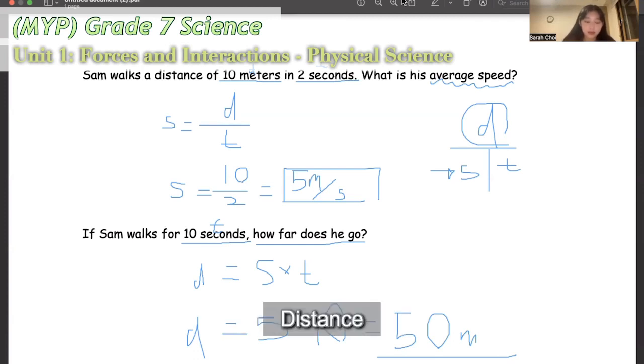Distance is the amount of space between two objects or two points. Speed is the rate at which an object moves, measured as the distance traveled per unit of time. Acceleration is a term to describe an increase in speed, or positive acceleration.